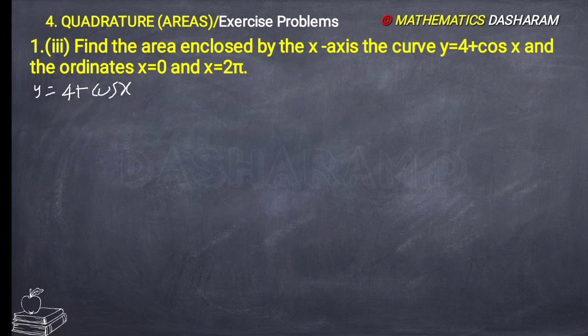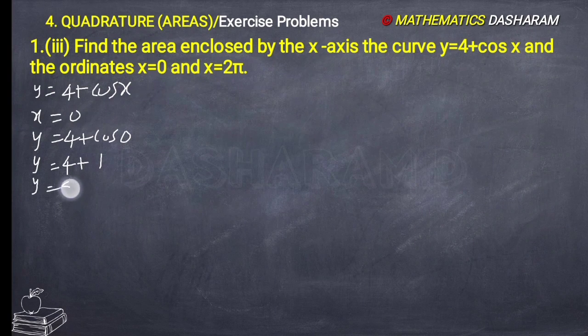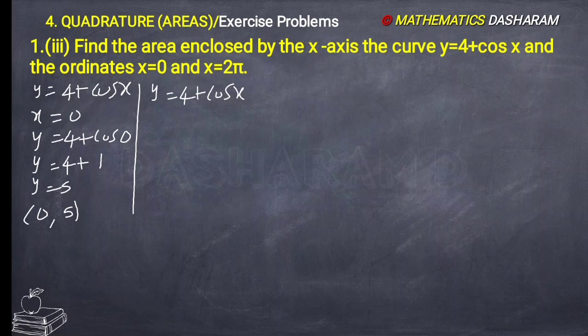Why? Because we need ordered pairs to draw a graph, so let's substitute x equals 0: y equals 4 plus cos 0. Cos 0 is 1, so y equals 5. So the first point is x value 0, y value 5. Next, substitute x equals pi by 2.